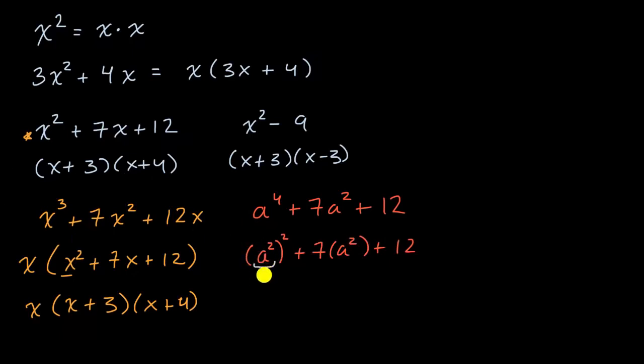If this were an x, then this would be x squared, and then these expressions would be the same. So when I factor it, everywhere I see an x, I could replace it with an a squared. So I could factor this as a squared plus 3 times a squared plus 4.